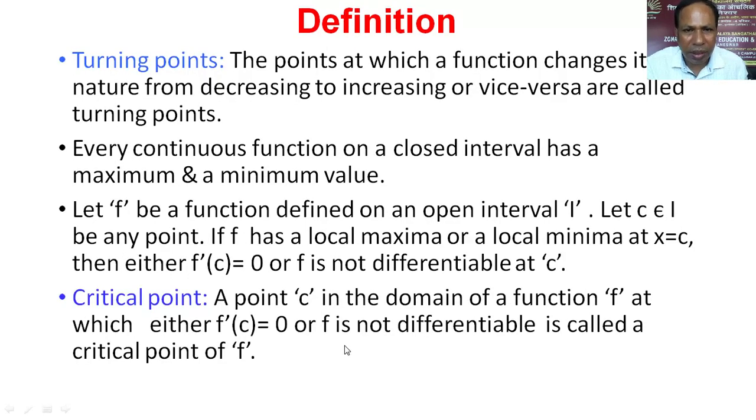So that means a function will attain either a maximum value or a minimum value at point c if the derivative of the function vanishes at x equals c, or it is not differentiable at x equals c.